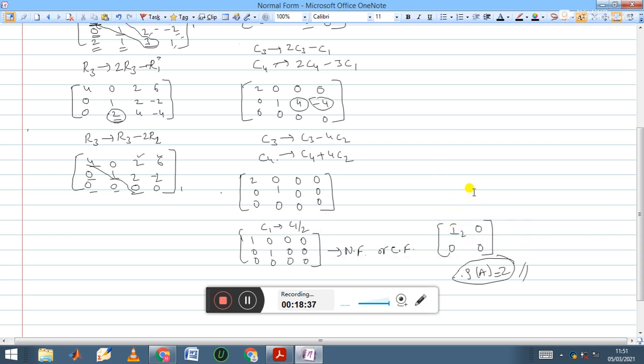I2 means the rank of the given matrix is 2. Also please keep in mind that elementary row and column operations will not change the rank of the matrix, because the rank of a matrix is always unique. Okay, with this, thank you for watching the video.